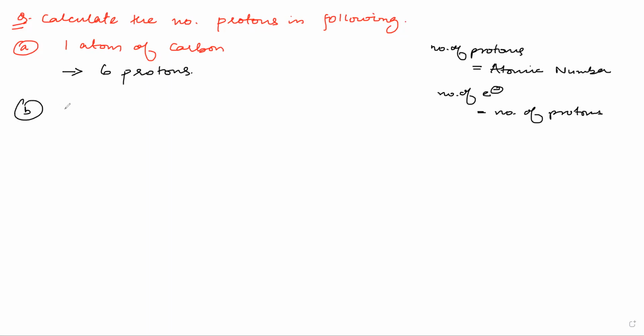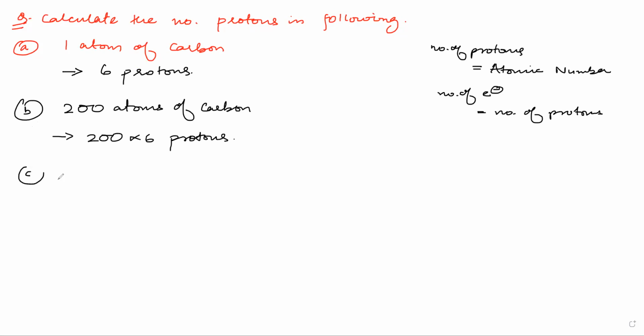If I ask you, let us say 200 atoms of carbon, this will have 200 into 6 protons. Now if I ask you about, let us say, 12 gram of carbon, what do you think?